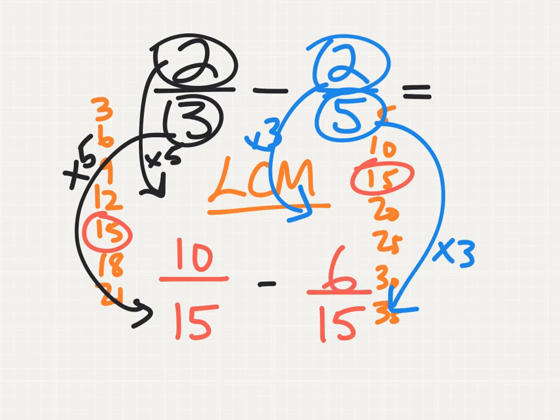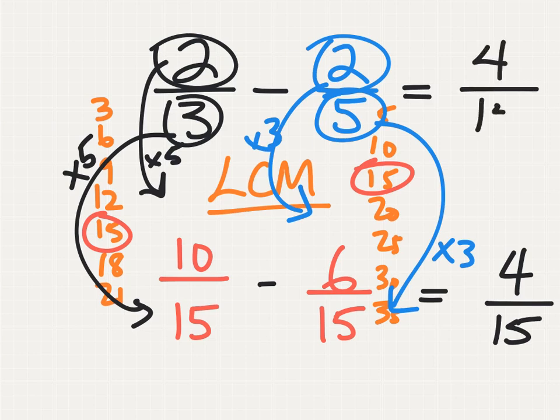And now I simply subtract. 10 minus 6 is 4 over my common denominator of 15. So my solution, or difference, is 4/15. 2/3 minus 2/5 is 4/15. If you look back at the lesson on adding and subtracting fractions and mixed numbers using models, you'll see I've arrived at the same correct solution using the algorithm.